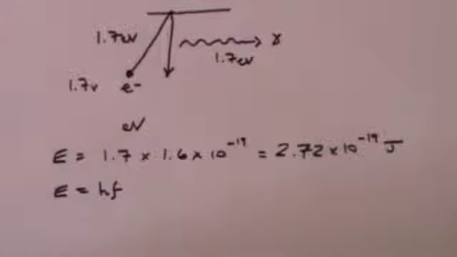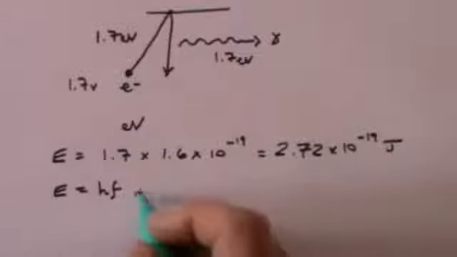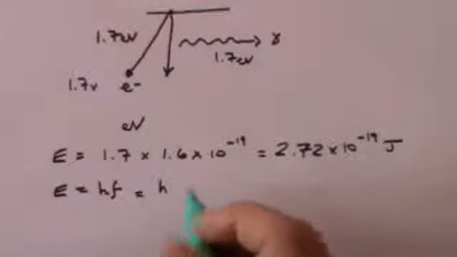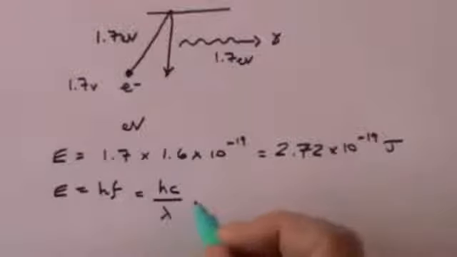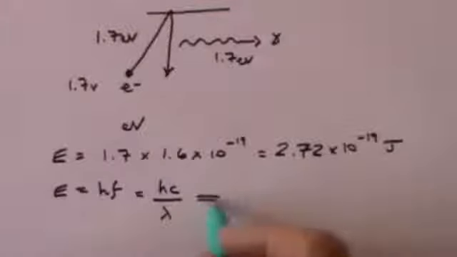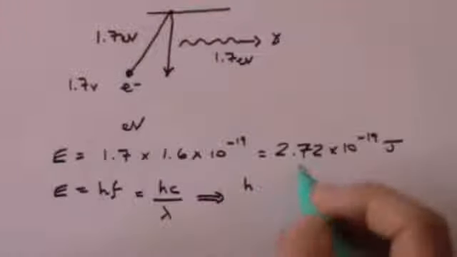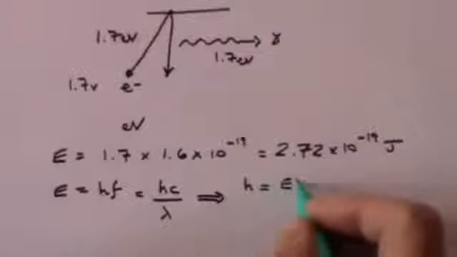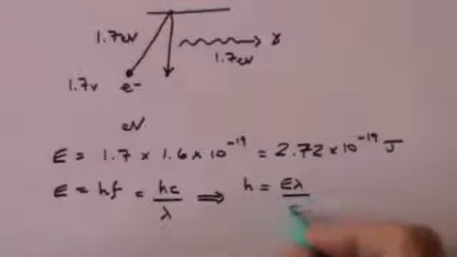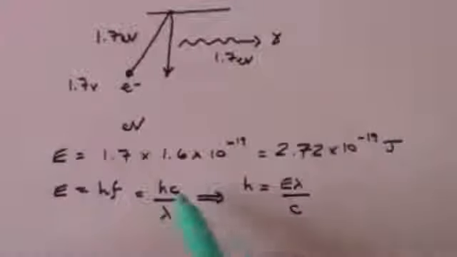The energy of the electron is Planck's constant times the frequency. Well, frequency is just speed divided by wavelength, so now we can say that energy is hc over lambda, and that means that we can write that Planck's constant is equal to E lambda over c. Just rearranging this formula here.